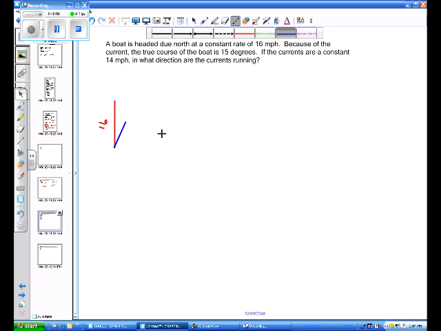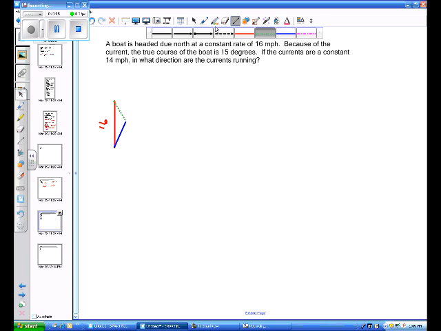Now, what we want to know then is about the currents. Well, it tells us that the magnitude of the current was 14 miles per hour. So let's just say from north, wherever it is, we're going to draw the magnitude of the current, but we don't necessarily know the angle.